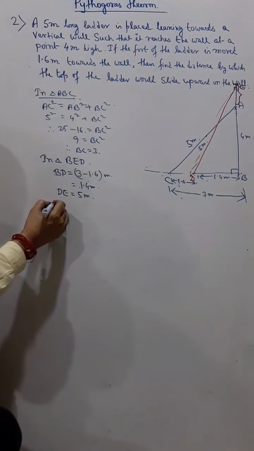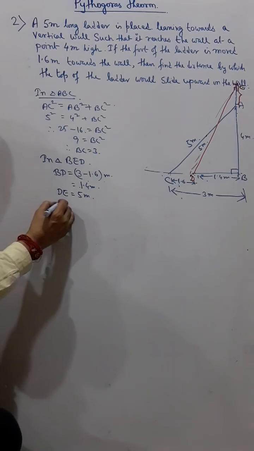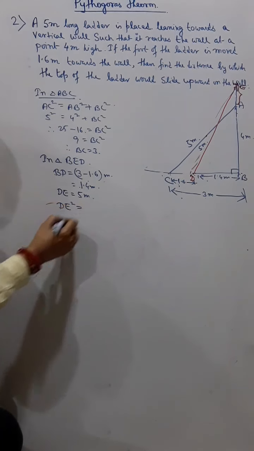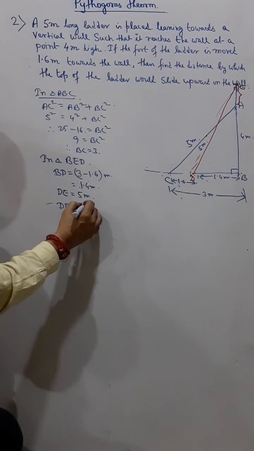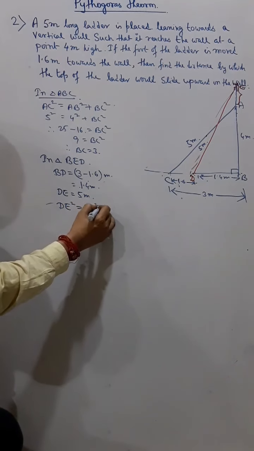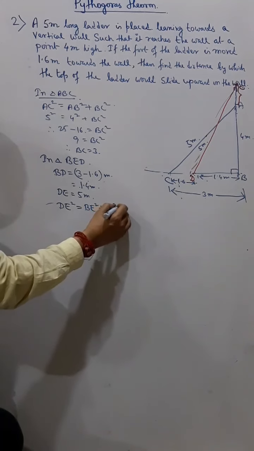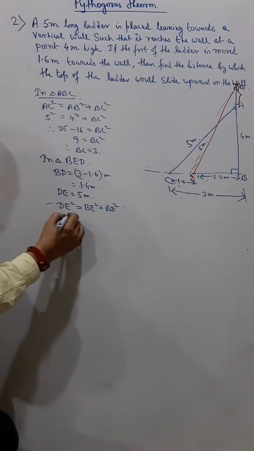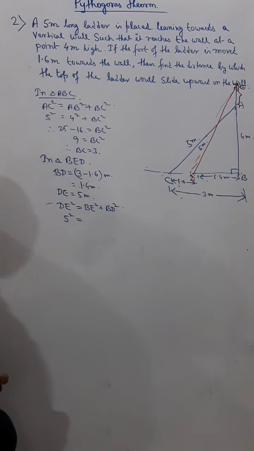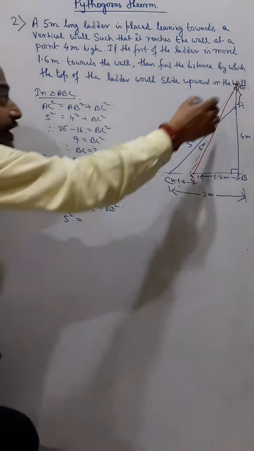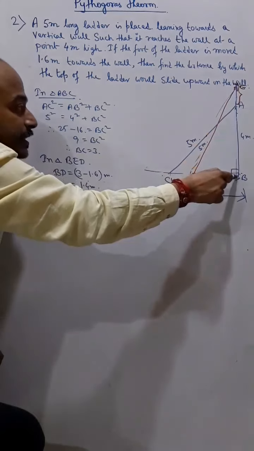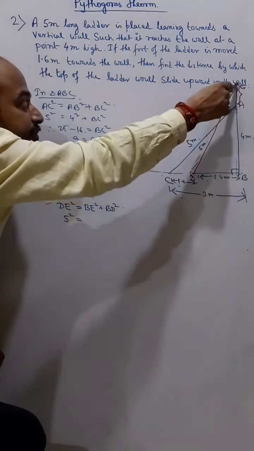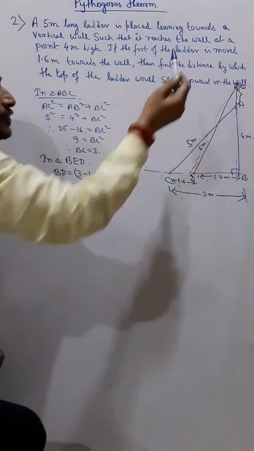And now we can say that DE square is equal to BE square plus BD square, right? So DE square is again 5 square. BE we have to find, because if I get BE, then BE minus AB will give me EA. That is what we have to find.